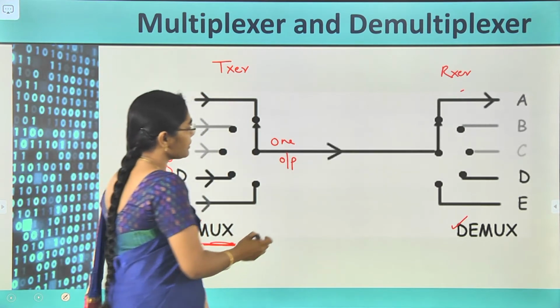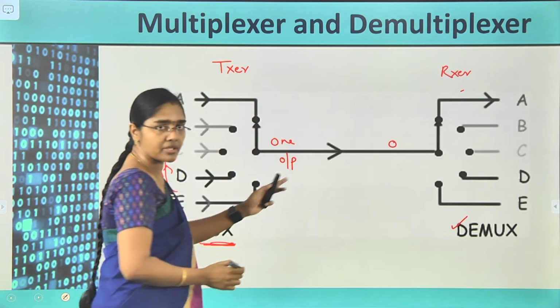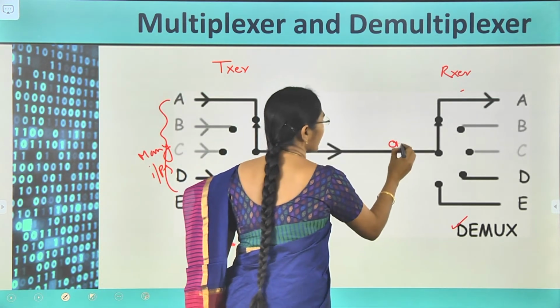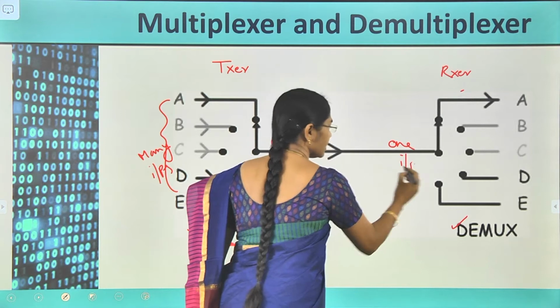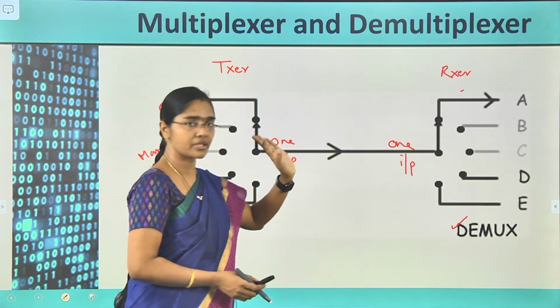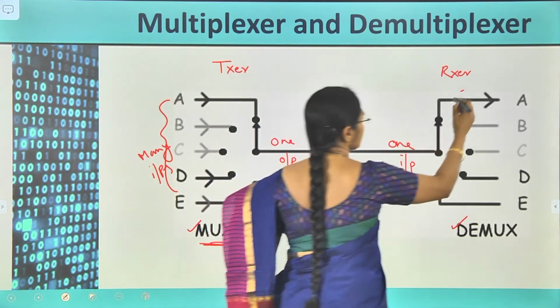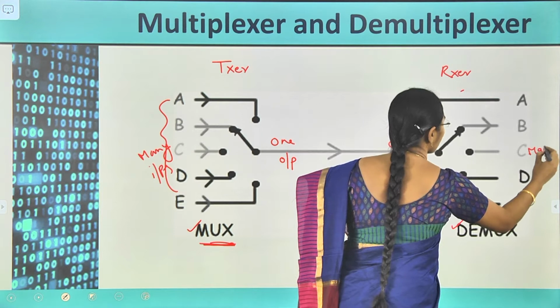And demultiplexer takes the same output from the multiplexer, that is, one input. A signal from the multiplexer is taken by the demultiplexer. So, it is having only one input and it is distributing to many outputs.